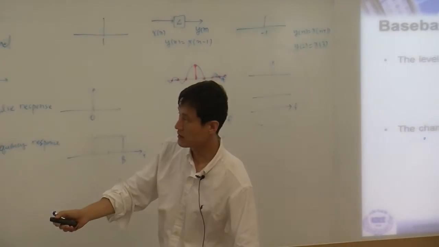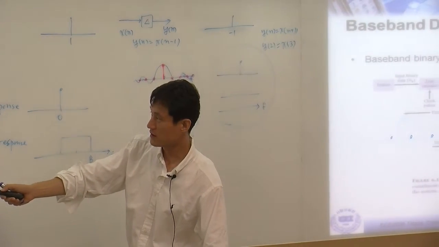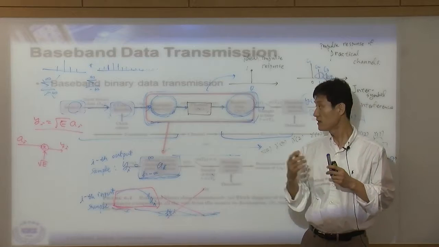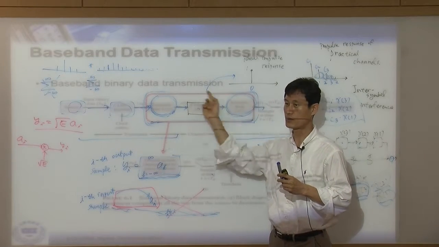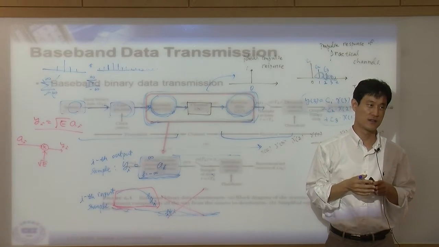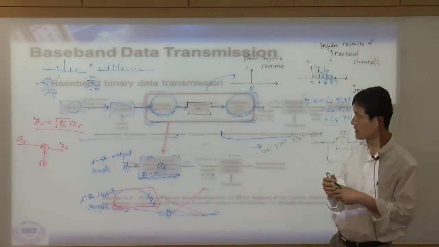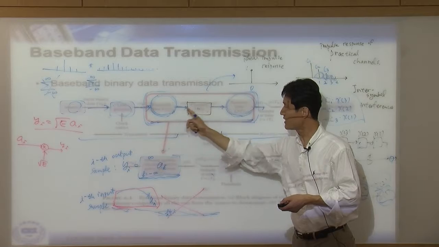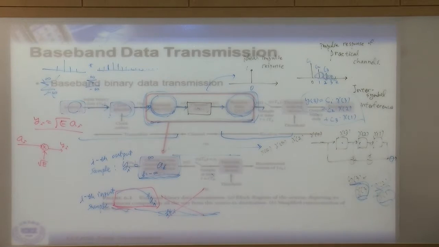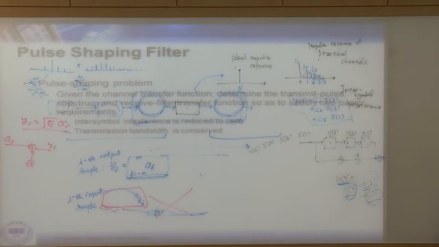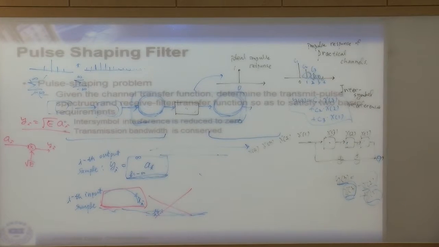We are talking about this filter. Ideally, we want to make these two filters in order to make a Nyquist channel. But the problem is we cannot make it in practice. So that's why we are trying to design these two filters, not ideal, but we can try our best. So that's a pulse shaping filter.